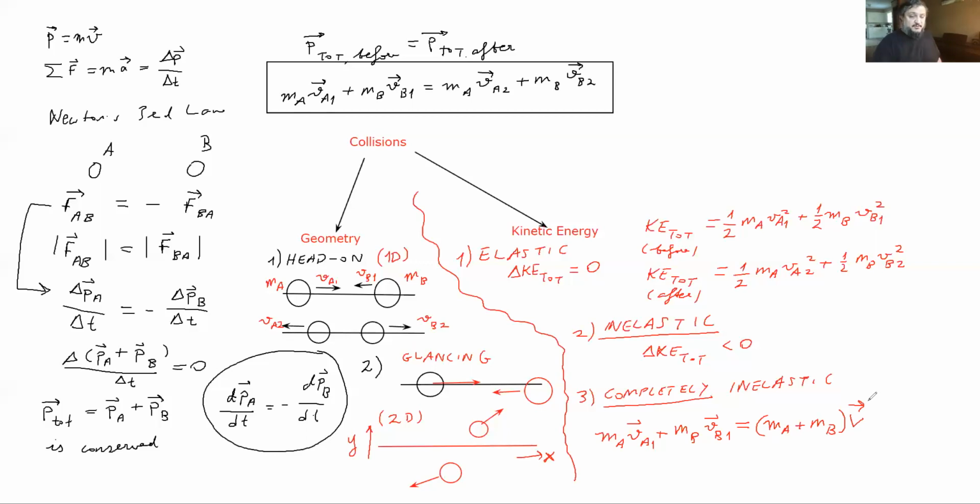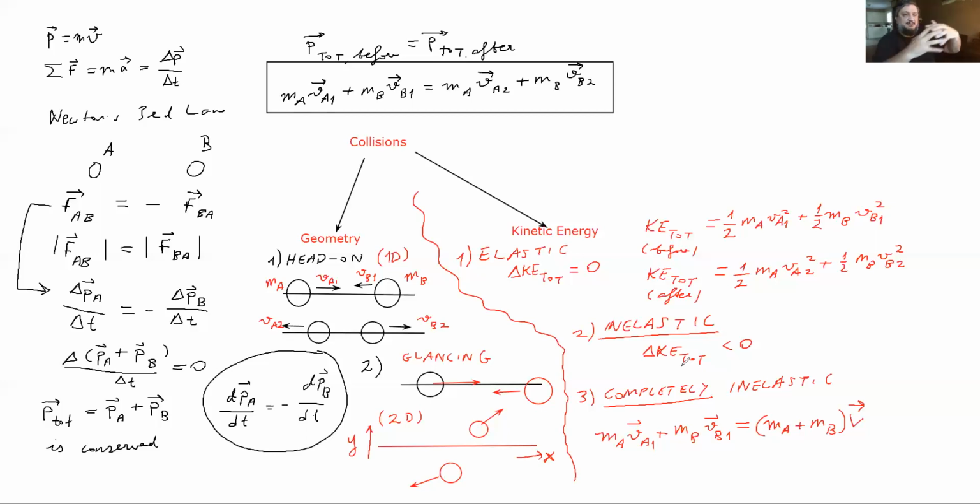Now, 2 on this side, head-on versus glancing, and 3 on that side. So you may have combinations. You may have a head-on and elastic collision, head-on and inelastic, head-on and completely inelastic. Same thing for glancing. You may have a glancing, elastic, or glancing and completely inelastic, okay? Two cars approaching a broken light, one traveling north, one traveling east.